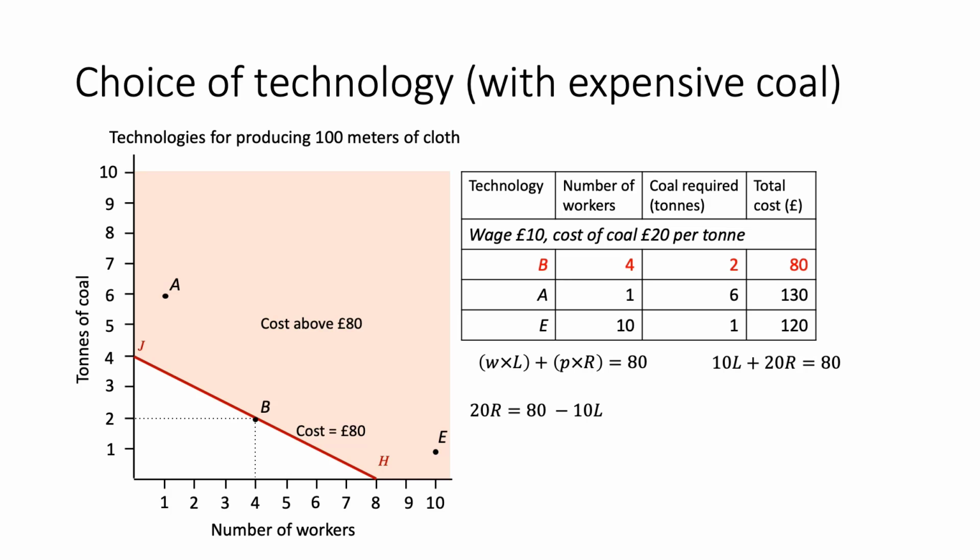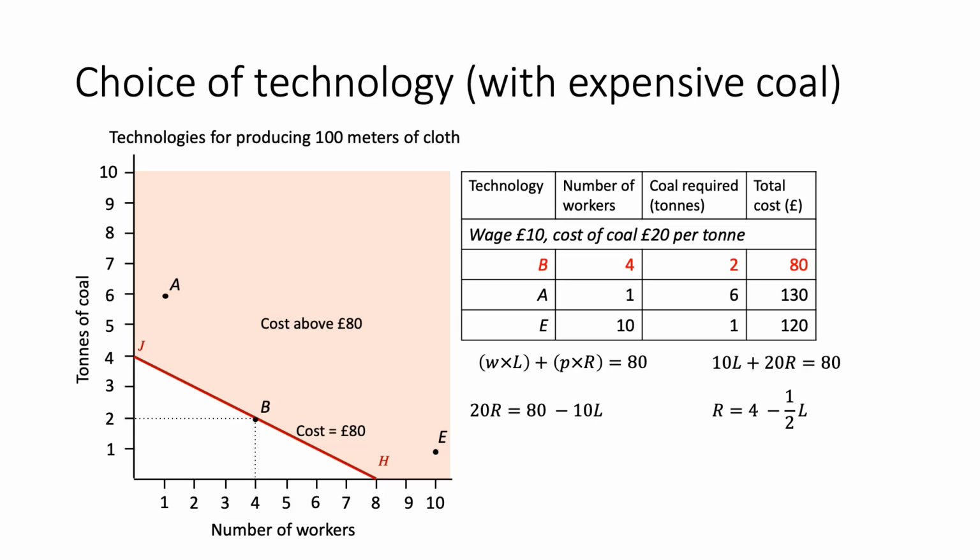Now we'll do a little bit of algebraic manipulation here, subtracting 10L from the left-hand side, and now we get the equation 20R equal to 80 minus 10L. Now we're simply going to solve for R to give us our relative price, or the price ratio of wages over our cost of coal.